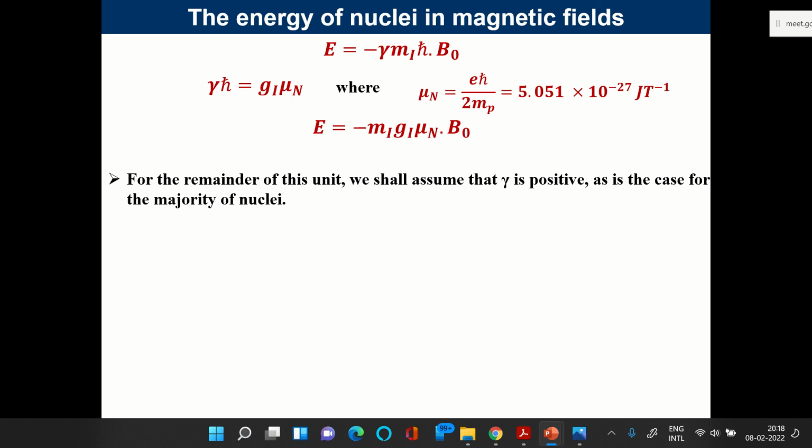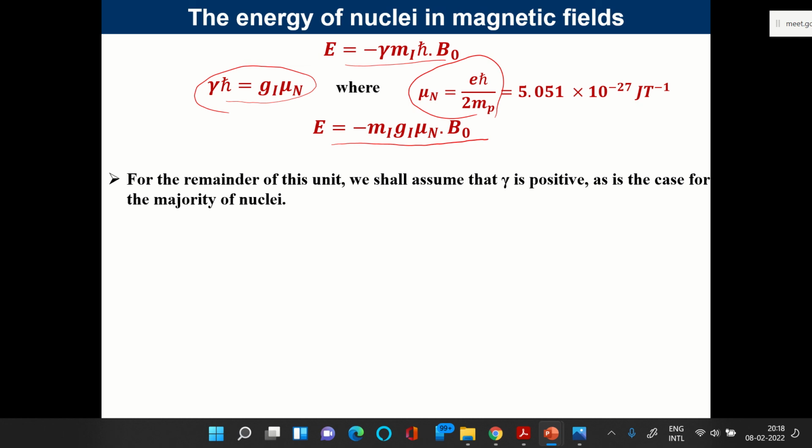So this is the situation. Net energy you can think of, starting from here, you can write it as m_I h-bar B naught, and then you write mu h-bar as g_I mu_N, which is the framework that we are adopting from taking the example of the electron.